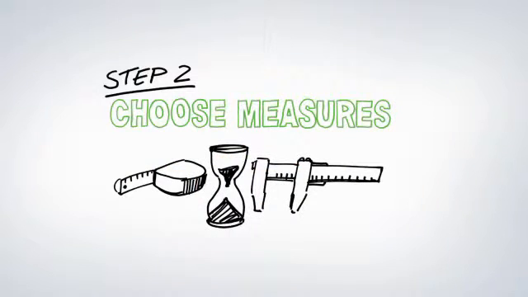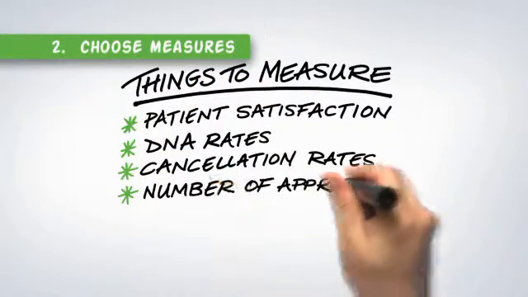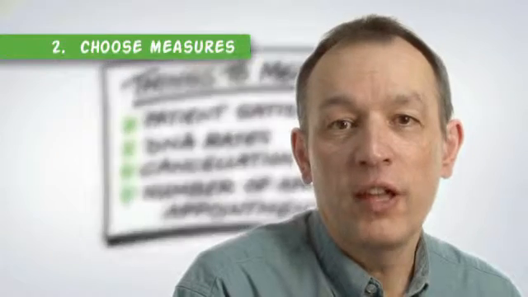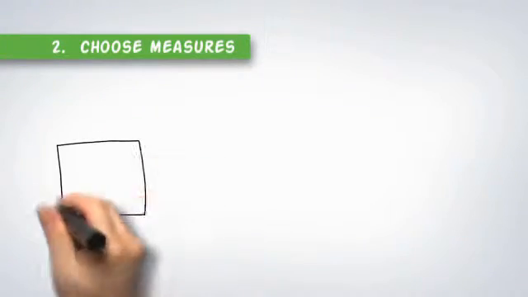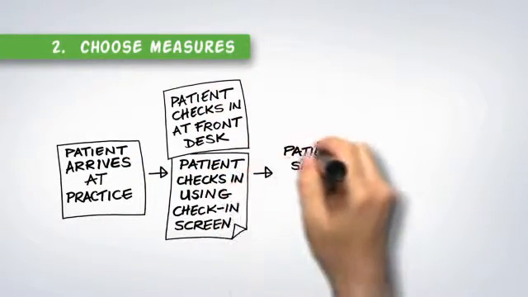Step 2, choose measures. If we simply list all the different things we might measure, we often come up with a list that's quite large, and it's difficult to know which are the most important. And so there are a couple of techniques that do help you to structure that list of measures that you might have come up with. One is to look at the map of the process that you might have completed as part of the earlier stage of the project.